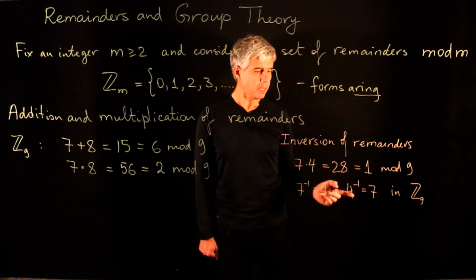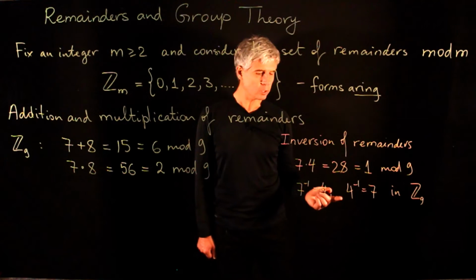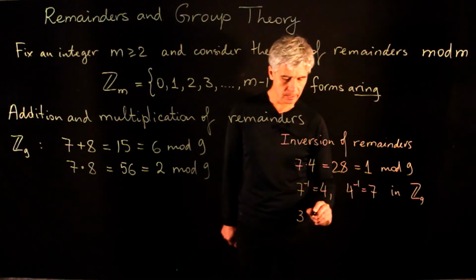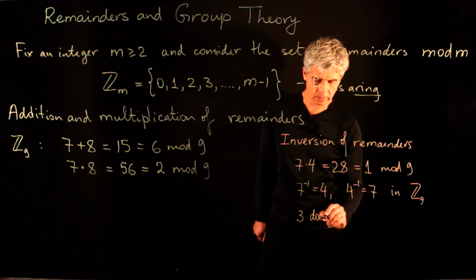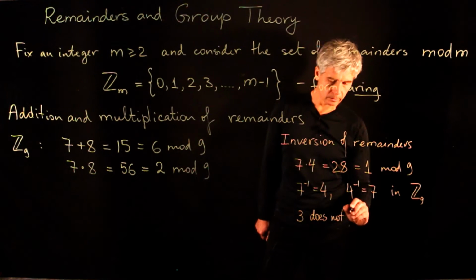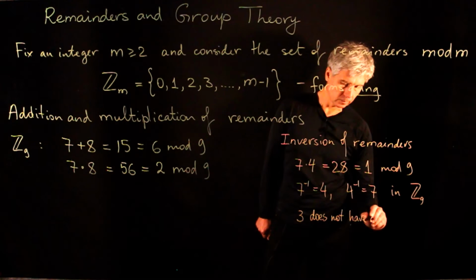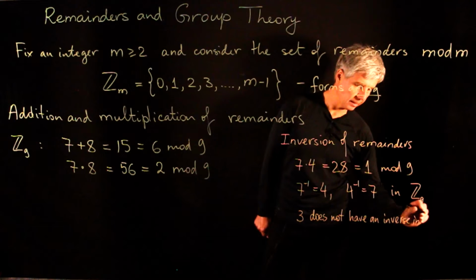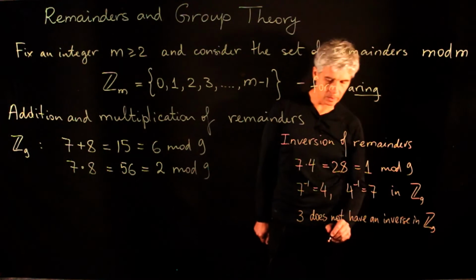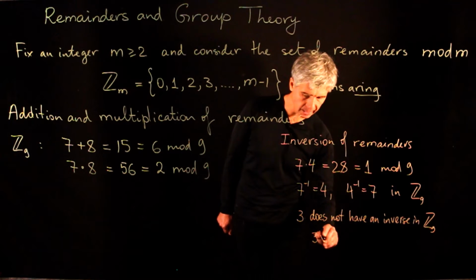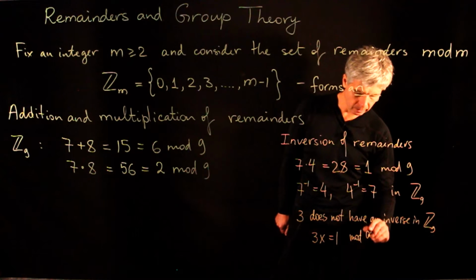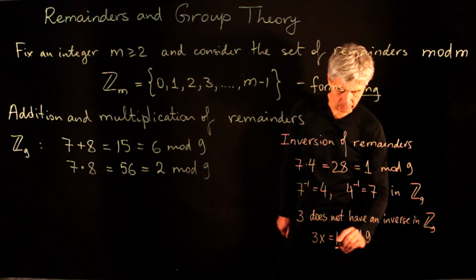Now, in Z9, some remainders are invertible, but others are not. For example, 3 does not have an inverse in Z9, because 3 times x equals 1 mod 9 has no solutions.